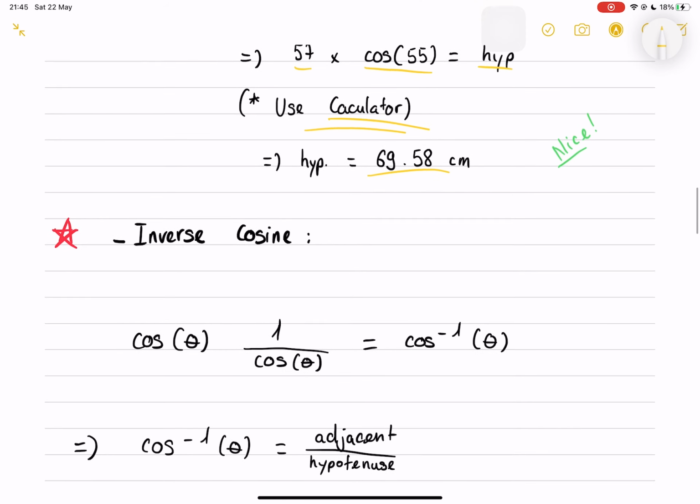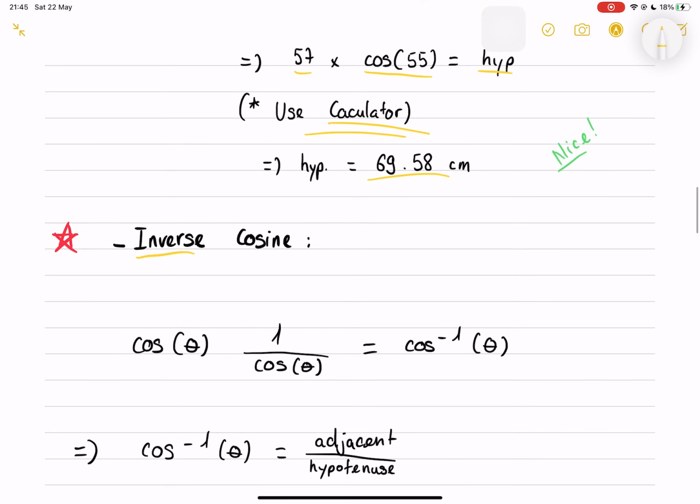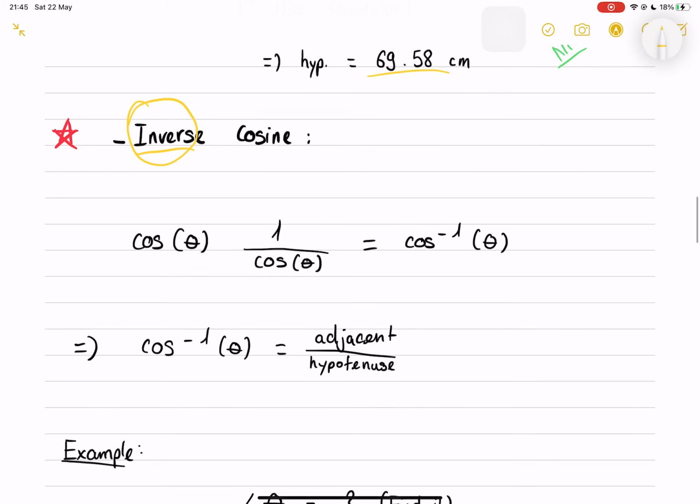And next is the inverse cosine. The important part is inverse here. Inverse, just like the name, is like the opposite of the cosine.